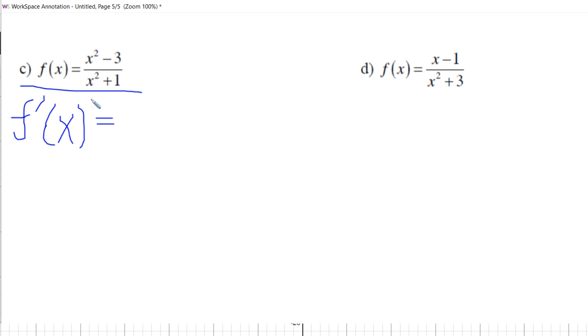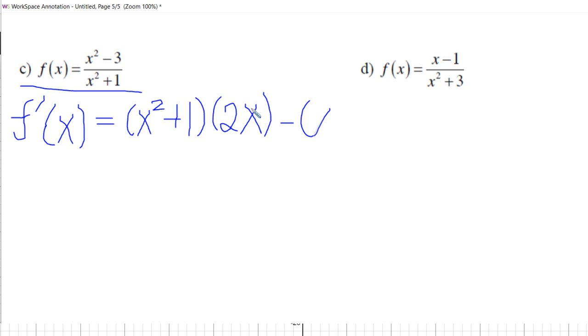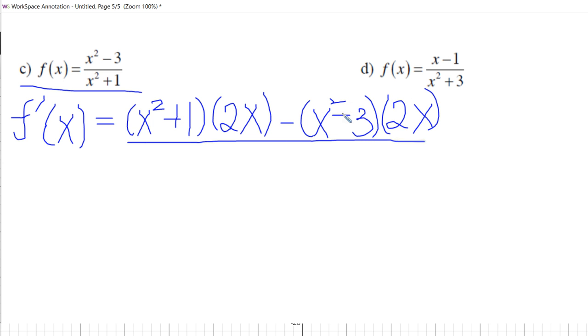So we're going to perform the low d high minus high d low, all over low squared.